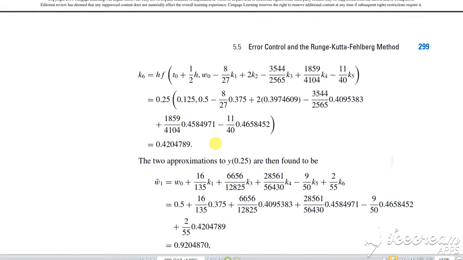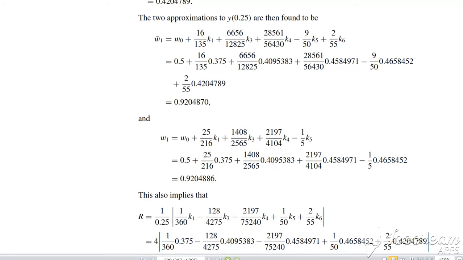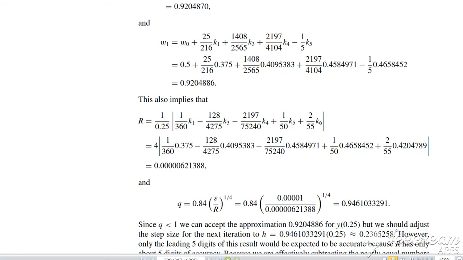Using these values of the ks, we approximated two solutions: w1 tilde using the method of order 5, and w1 using the method of order 4. The value of R is equal to 0.0000062138, or you can say that it is equal to 6.21388 multiplied by 10 raised to the power minus 6.